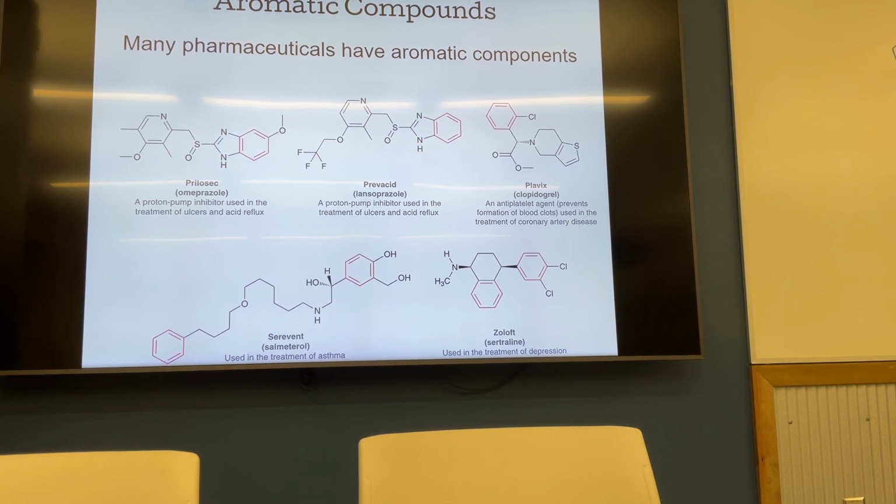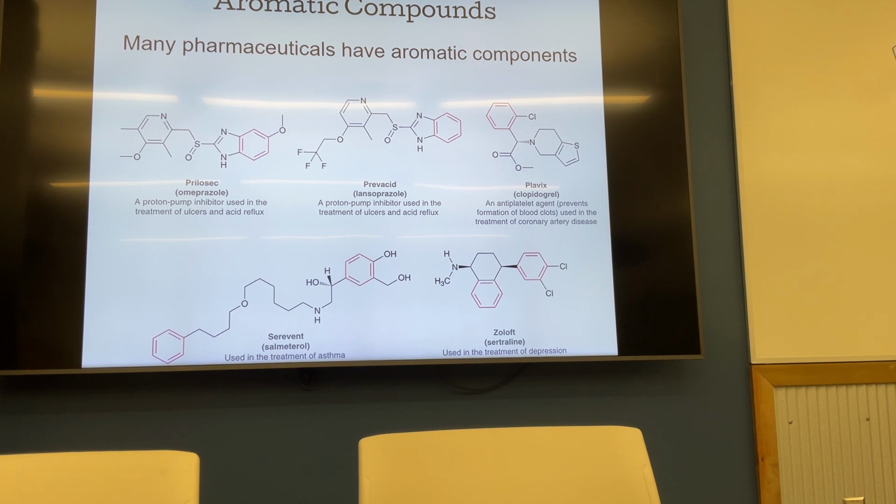Actually, neither one of these are truly correct because it's kind of in between, right? So rather than one pi bond each, it's like 1.5 pi bonds because they're constantly resonating, right?